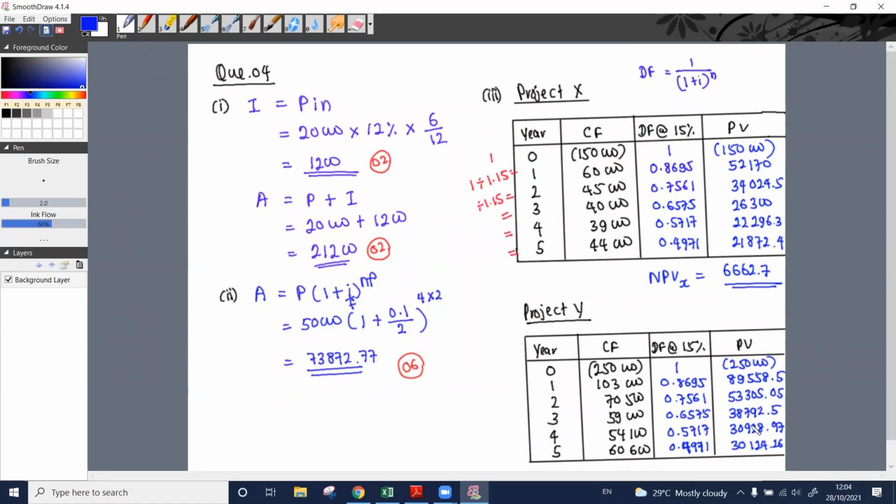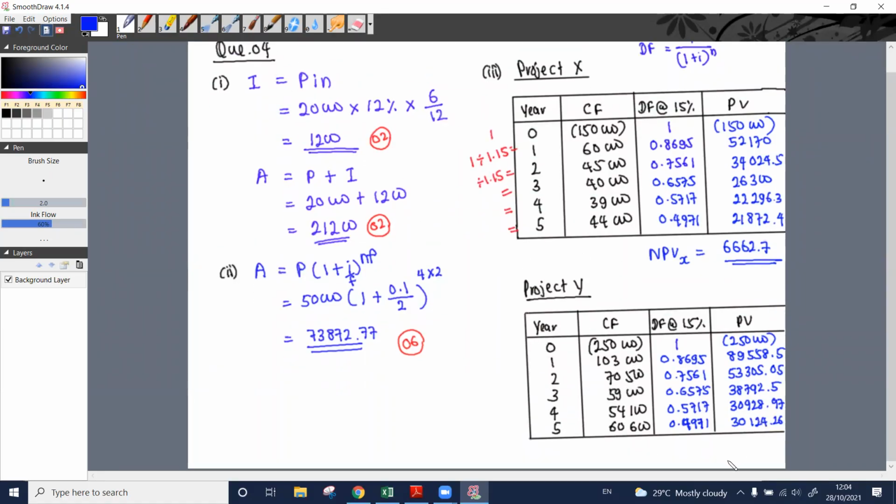So what should be the total here? NPV of project Y should be equal to what? Is it minus 7,290.72?